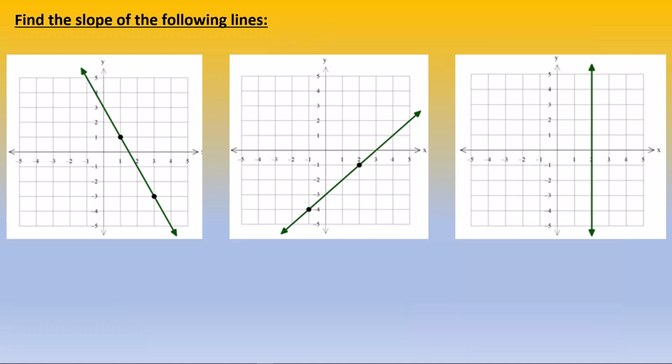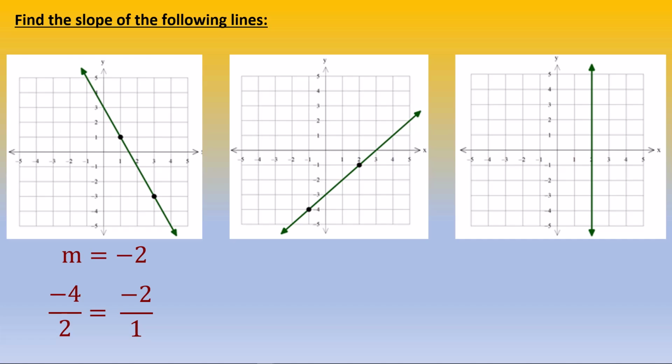Let's practice on these 3 lines. Find the slope of the following lines. Pause the video if you need to. In this first one, we see that the rise is -4 between these 2 points. The run is 2, which can be reduced to -2 over 1, which is simply -2. M equals -2 for this line. Try the next one.